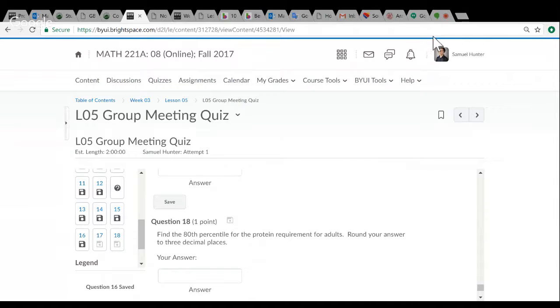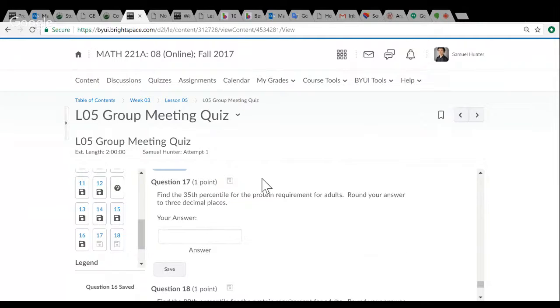I'm confused. I'm trying to explain this in a good way, because the further you move, the more of a percentile you have. Right. So the 35th percentile is going to be below the mean.